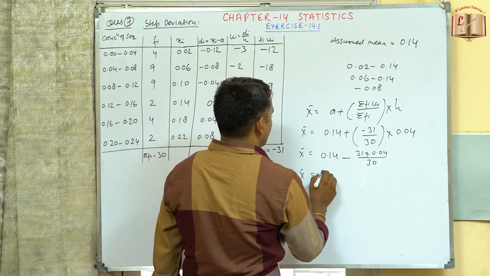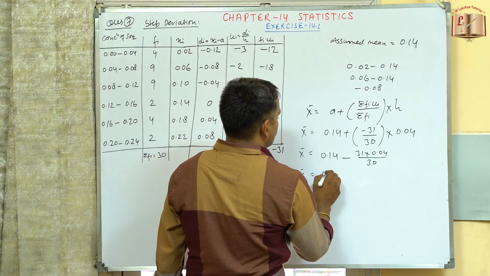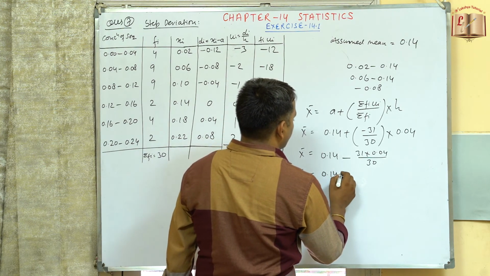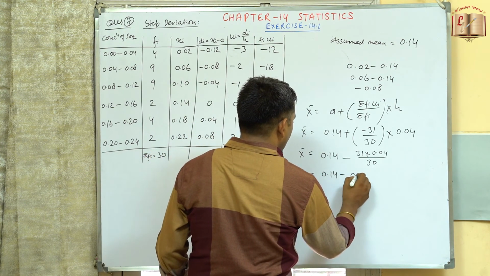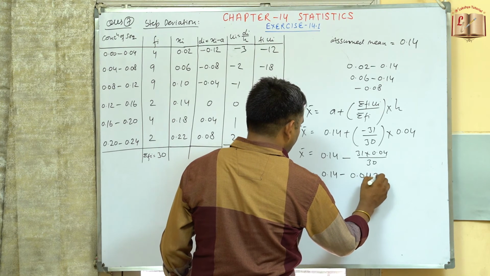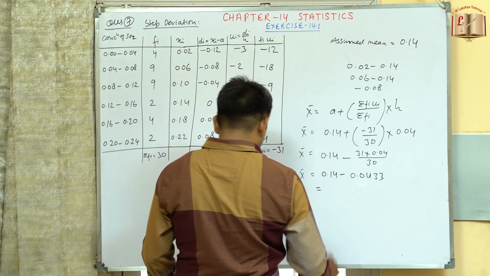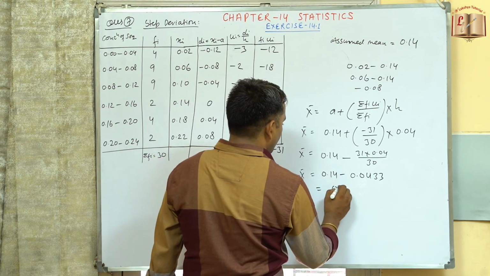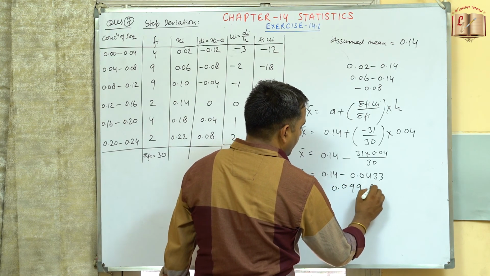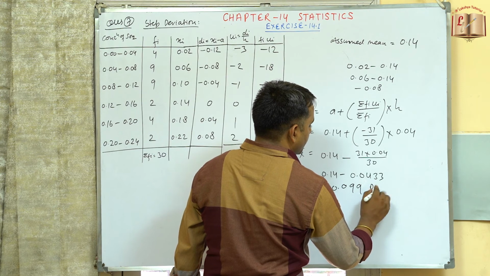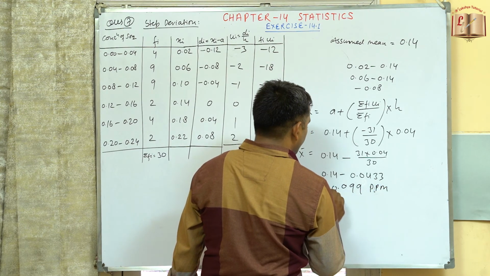So x bar will be equal to 0.14 minus 0.04133. So this comes out to be 0.099 ppm. ppm stands for parts per million.